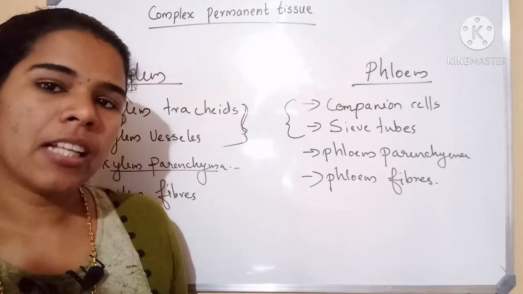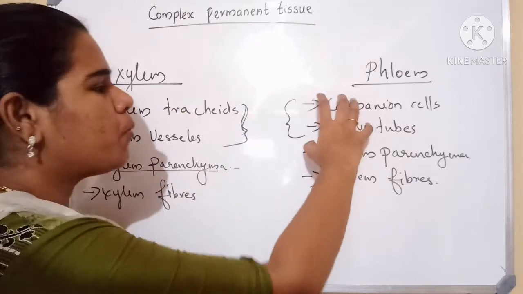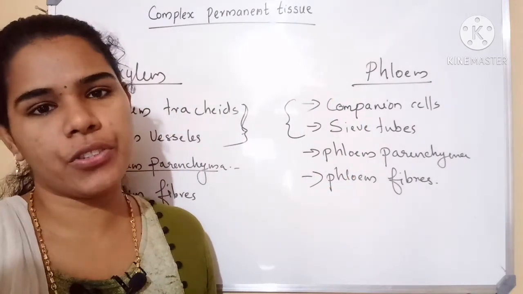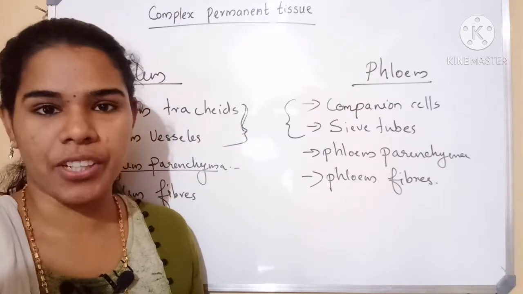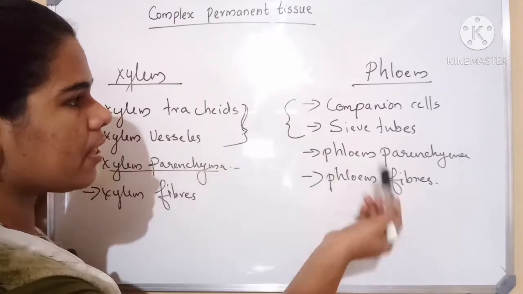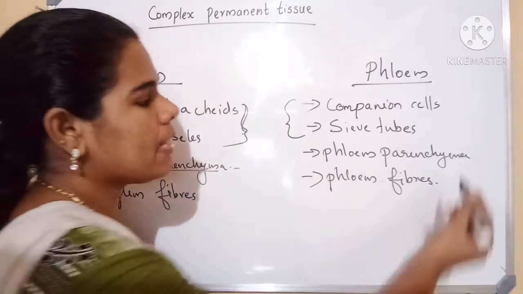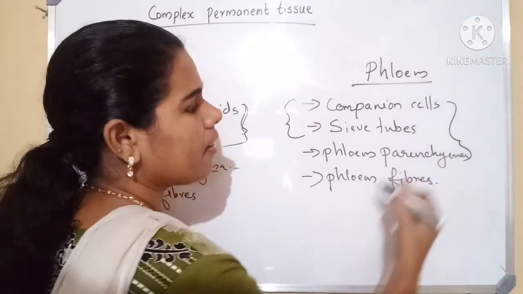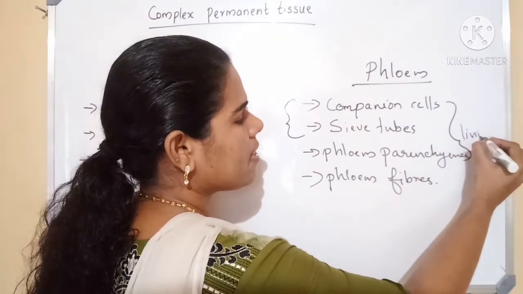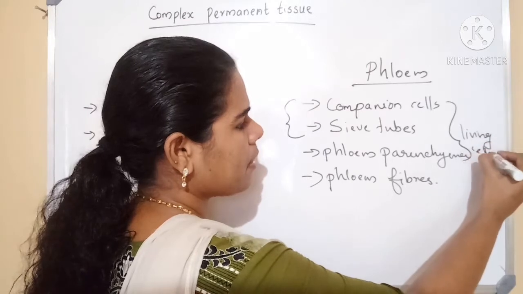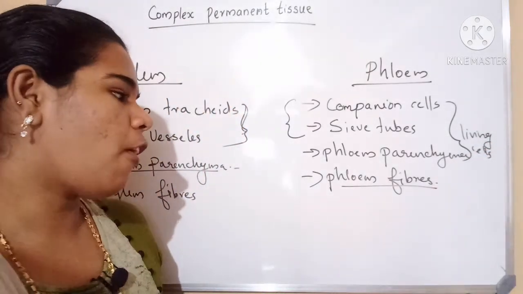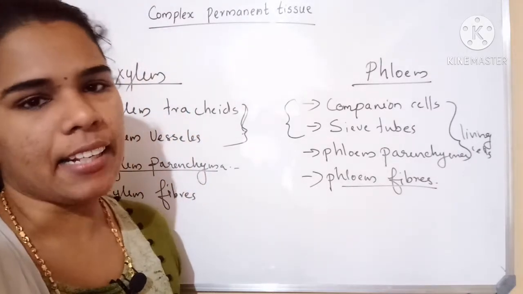Both are tubular in structure, column-like, which helps conduction. In phloem, these three cells are living cells, except the fibers. The phloem fibers are dead cells.